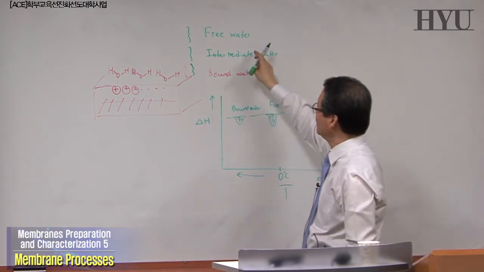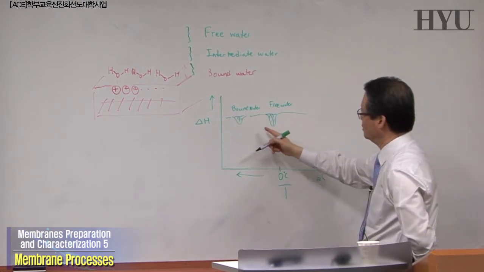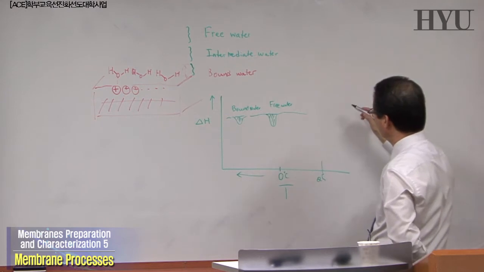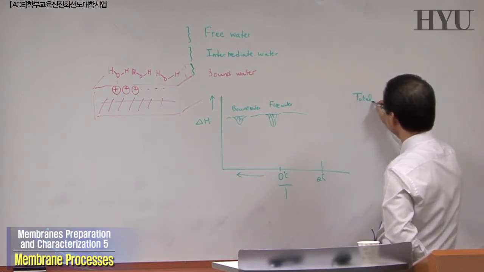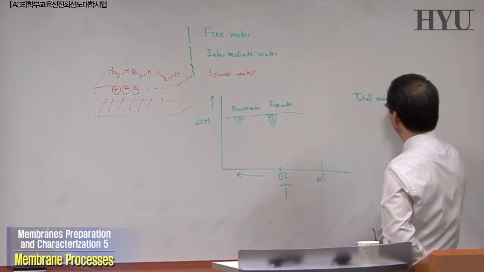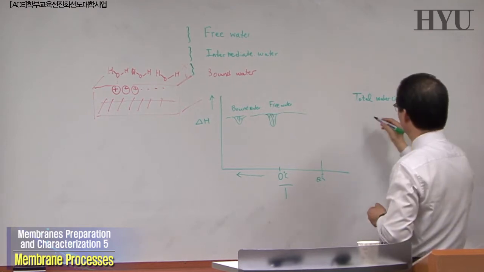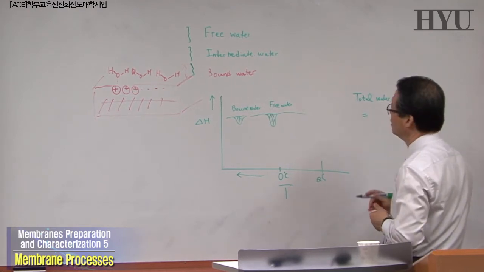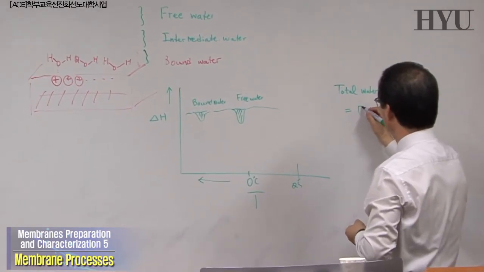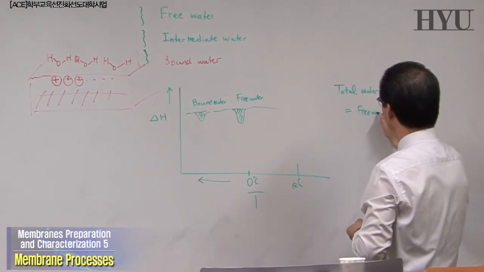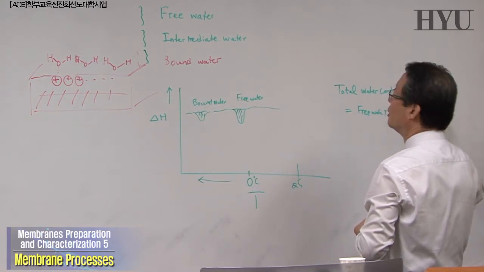What about intermediate? If you measure the free water content and the bound water content, and you observe the swelling, the total water content at room temperature is free water plus intermediate water plus bound water.